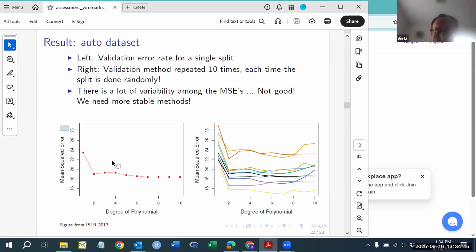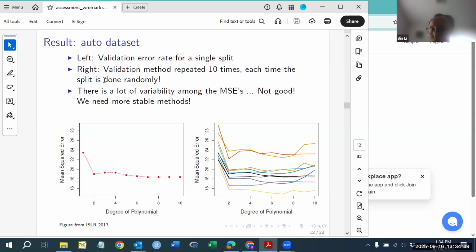Here, we want to find out what is the optimal order for the polynomial regression on this data set. We have the degree of polynomial as the horizontal axis, and the vertical axis is the mean squared error on the validation set.